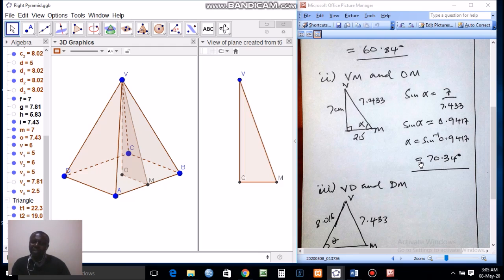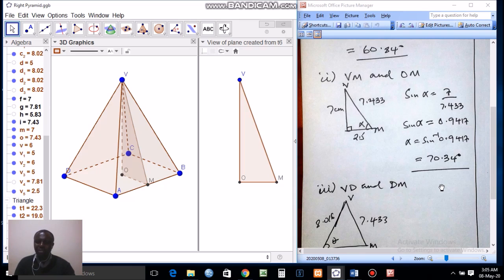And therefore our alpha is 70.34. That is the angle between VM and OM. Okay, it's pretty simple. In this part, it appears you have to remember how to apply the trigonometric ratios in the context of a right angled triangle.